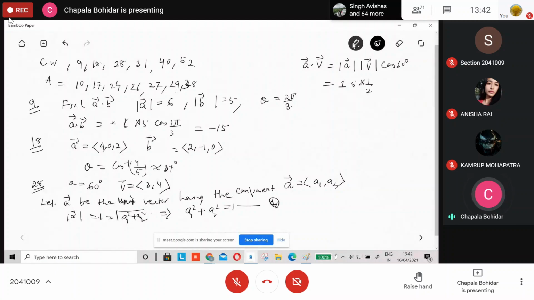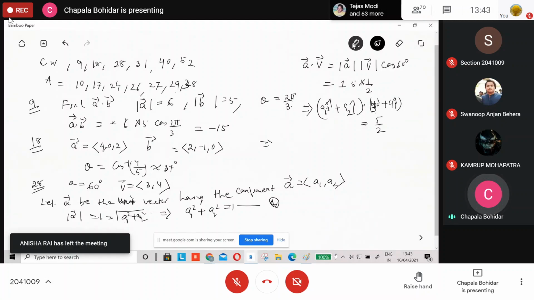Now this implies A1 I cap plus A2 J cap dot 3 I cap plus 4 J cap is equal to 5 by 2.